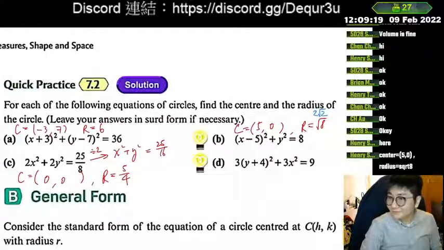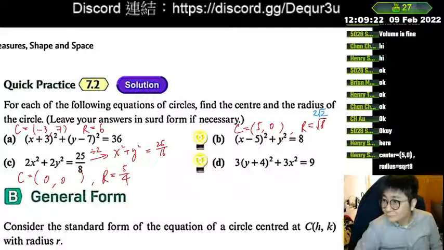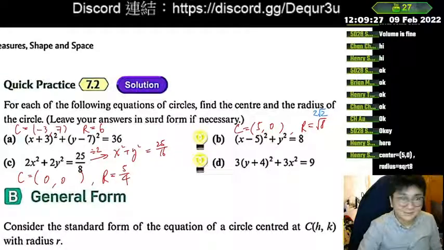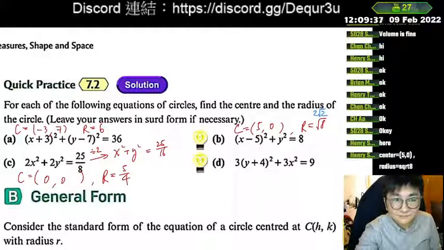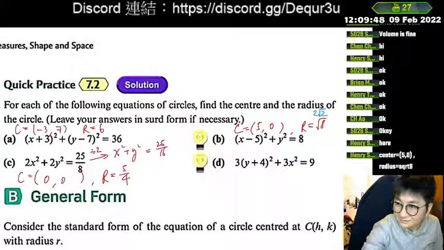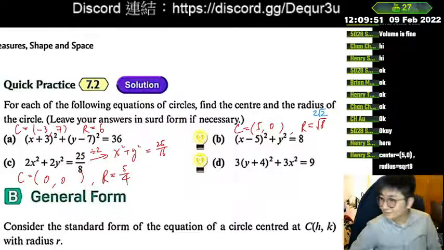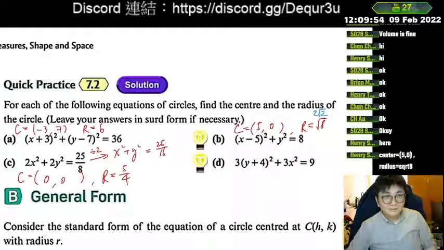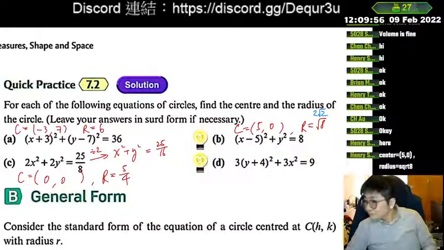Which one is number 1? It's part D, the last part D. Sorry, could you say again? Part D, center, radius. (5/4) 2.